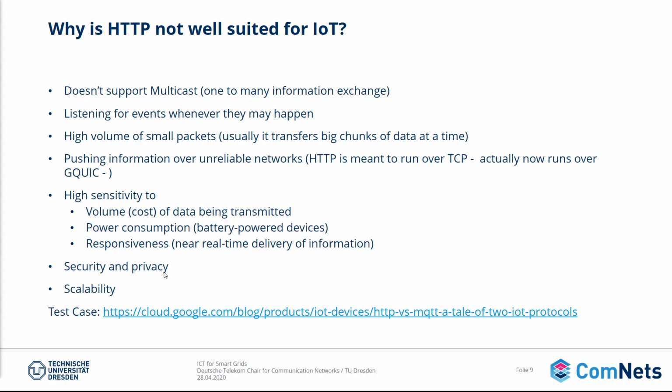They found that if you have one sensor in the network, then HTTP actually performs better than MQTT because the time needed for establishing a connection is usually less than in MQTT. However, if you have multiple sensors, then the difference becomes huge. So if you have a one-to-one network, then HTTP is your choice. However, if you have a many-to-one network, then you need another option.